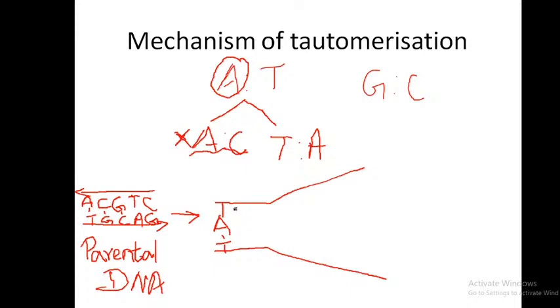If you draw a picture like this, you will be able to draw pictures for all the other changes happening as a result of nitrous acid or 5-bromouracil, etc. And here C and G. This region I have written here ATCG, and here also ATGC.